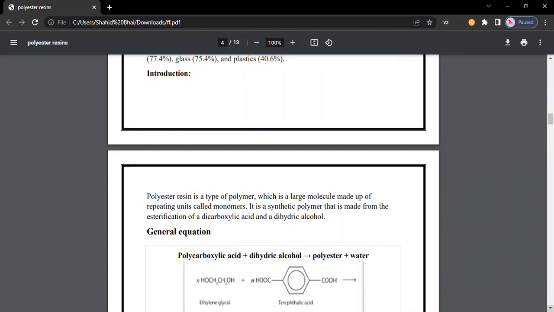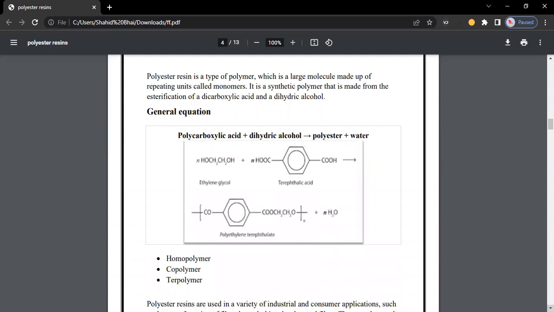Polyester is a type of polymer. Many times the same monomers combine and form n number of polymers. The large molecules made up of repeating units, the monomers, form a synthetic polymer made from the esterification of dicarboxylic acid and dihydric alcohol.